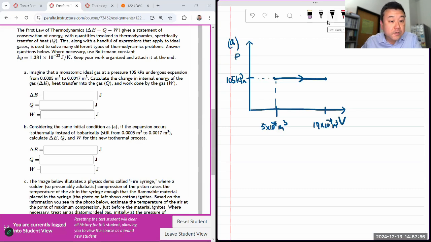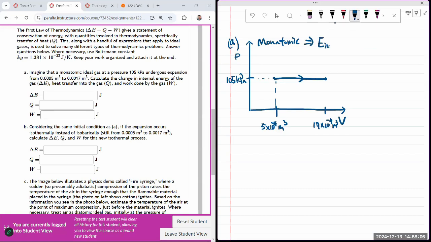Let's make sure I know what type of gas. It said monatomic. And monatomic is important because that implies the internal energy is given by 3/2 NkBT. And I'm going to use this expression to replace out of the ideal gas law, which says PV is equal to NkBT.